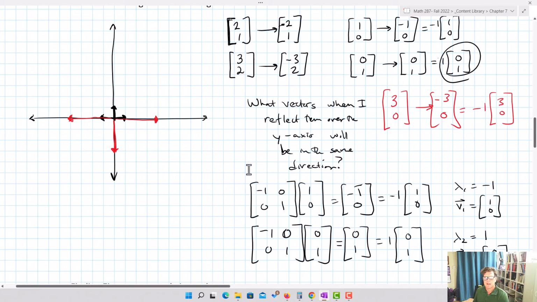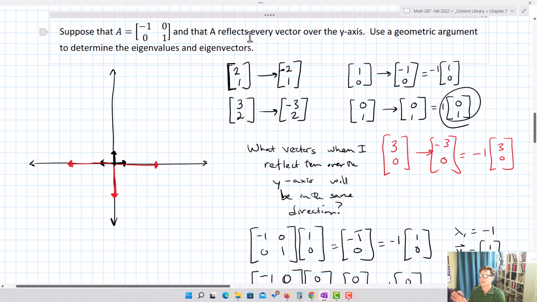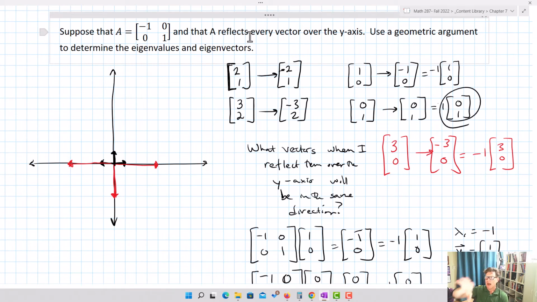Okay? So essentially what we want to do, it takes a little thought, it takes a little focus and concentration, but if we're told what the transformation does, or what the matrix does to the space, there's a very real possibility that we can find our eigenvalues and eigenvectors by considering which vectors will remain in the same direction.